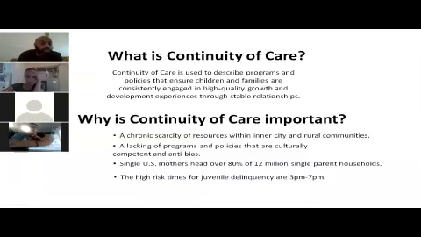The high-risk times of juvenile delinquency are between the hours of about 3 and 7. That's typically the time that people get involved, youth in particular, with behavior that is considered delinquent or at risk, right?